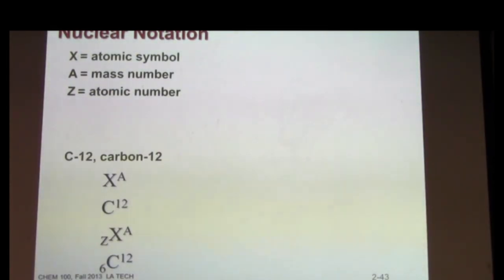Now, atoms of an element have a symbol. We already know how to give a symbol. Hydrogen has three isotopes: hydrogen 1, hydrogen 2, hydrogen 3.